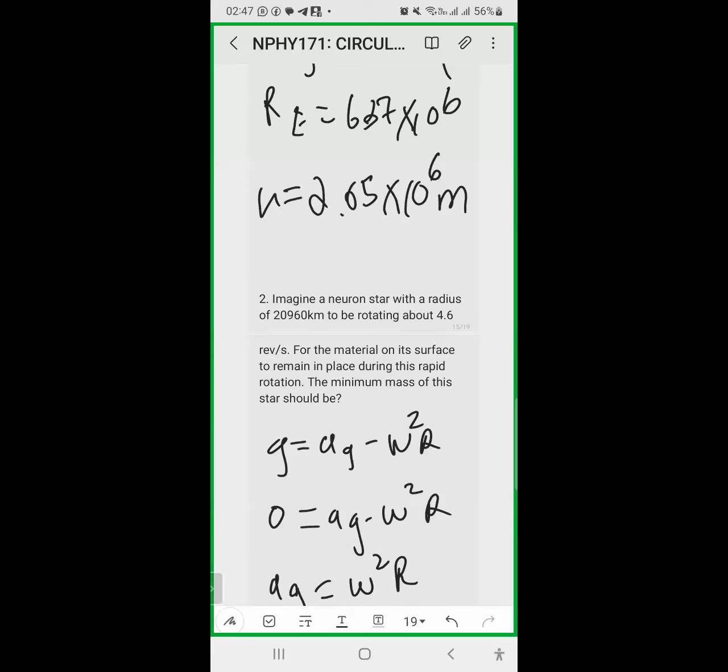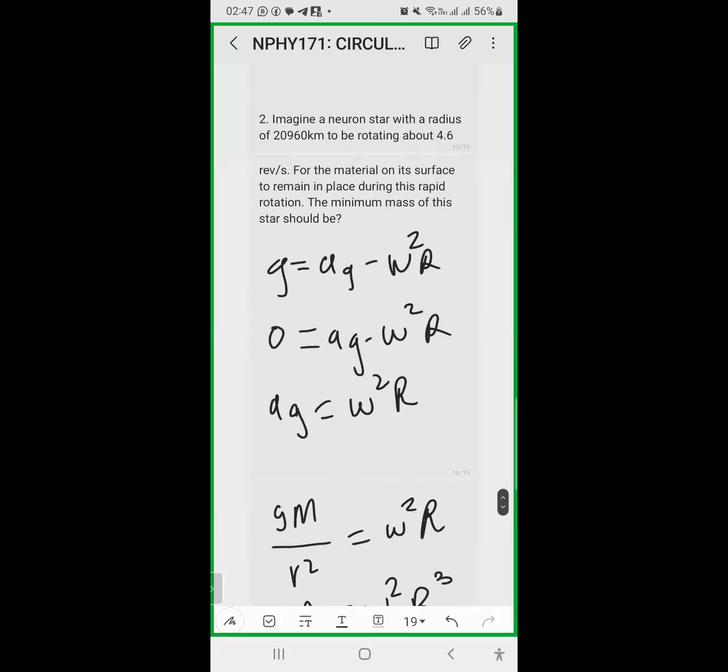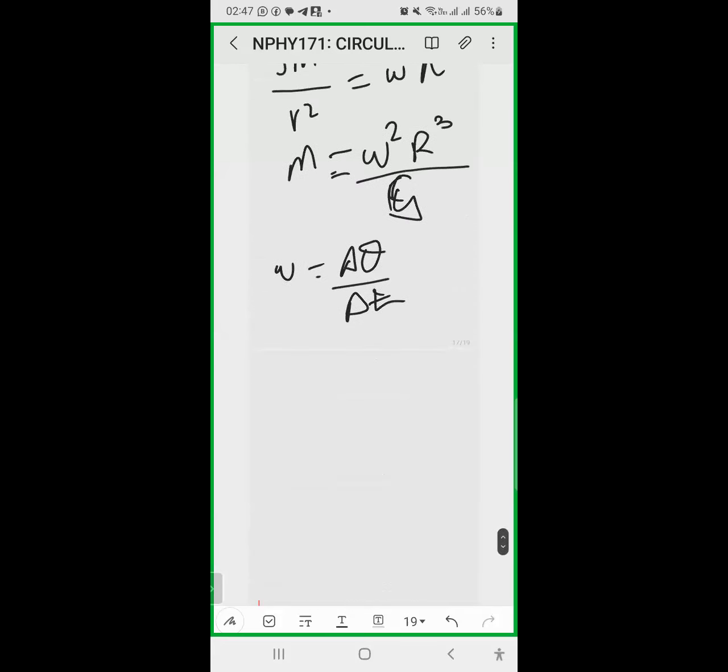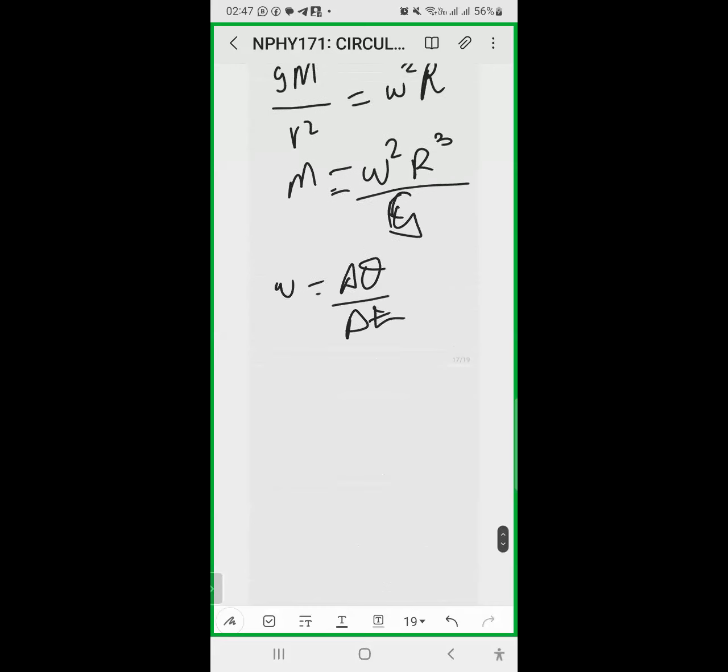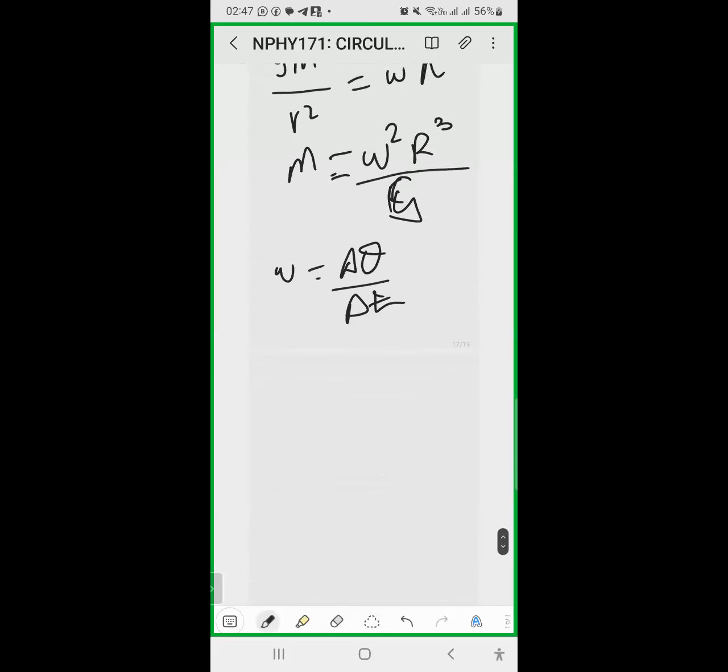So this star is completing 4.6 revolutions in a second. This tells you that your angular displacement, theta, the change, is 4.6 revolutions, since it makes 4.6 revolutions per second.